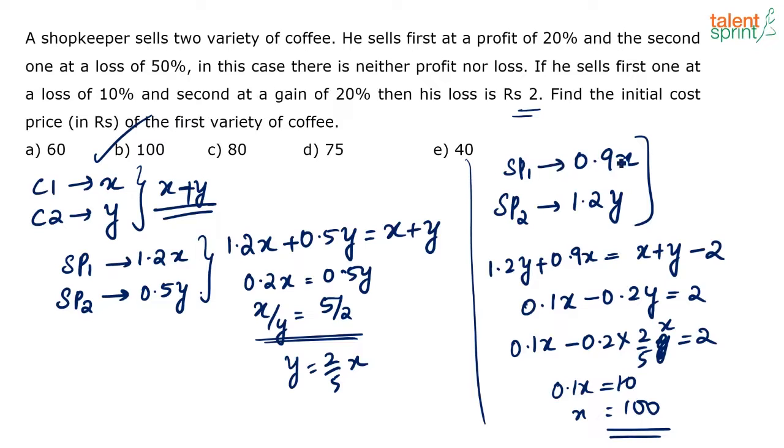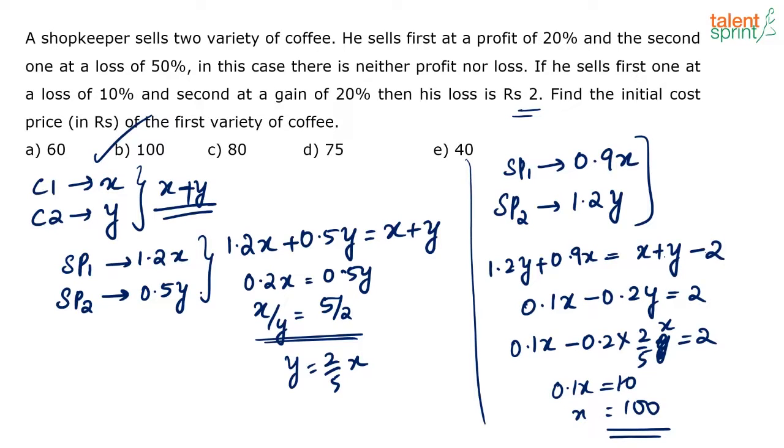He is selling the first one at 90% of its price and the second one he is gaining 20%. So, at this time also he is making a loss of 2 rupees. That is the cost price minus the selling price is equal to 2, or I just wrote selling price is equal to cost price minus the loss, correct? I equated both the equations. I wrote everything in terms of x and found out the value of x. So, this is one way in which you solve this question.